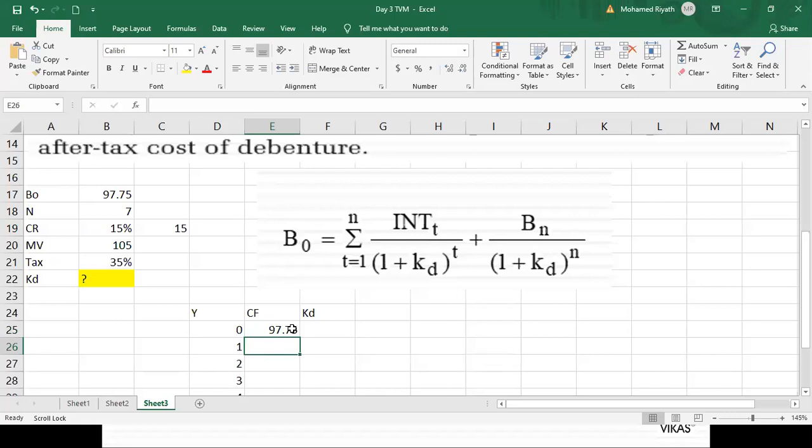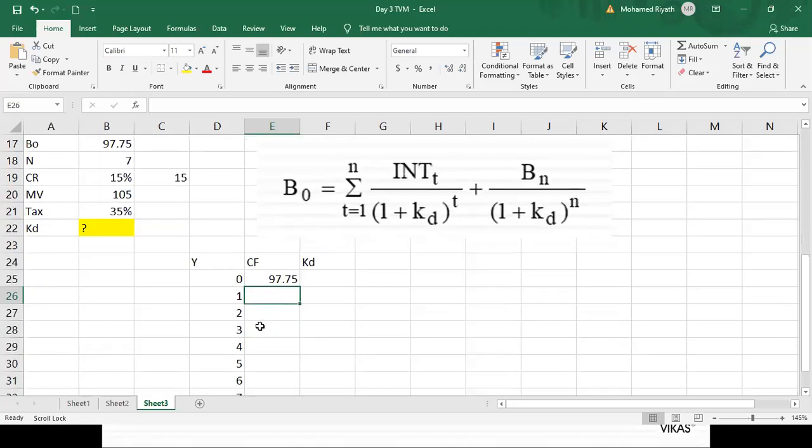Is 97.75 a cash inflow or outflow? Yes, outflow. Then we have to put minus or a bracket. Minus.